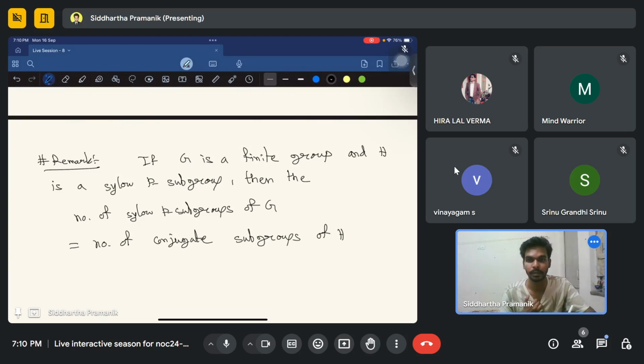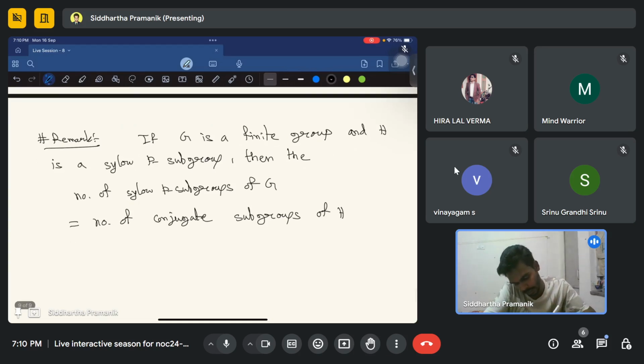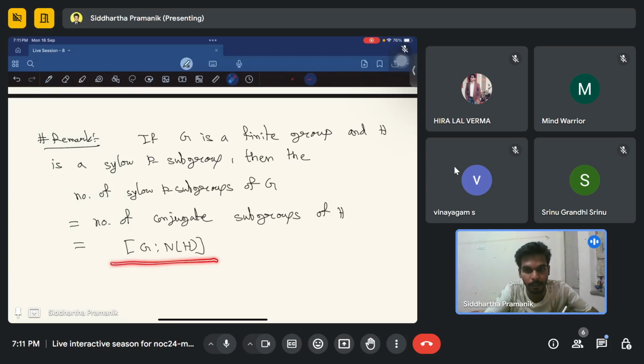That is by the second Sylow theorem. So that is the number of conjugate subgroups of H, and this is basically the index of NH in G. So this gives you the exact number of Sylow p-subgroups. So I hope you have understood.